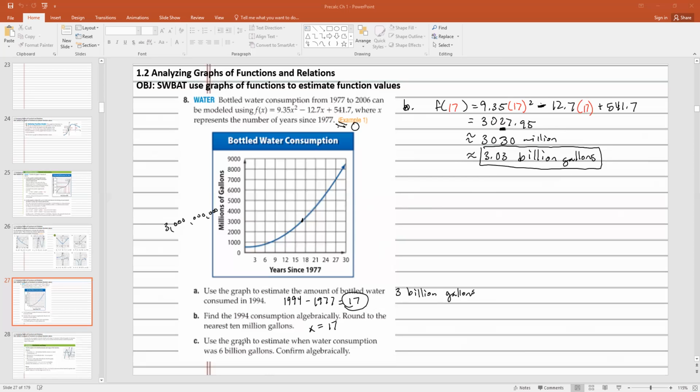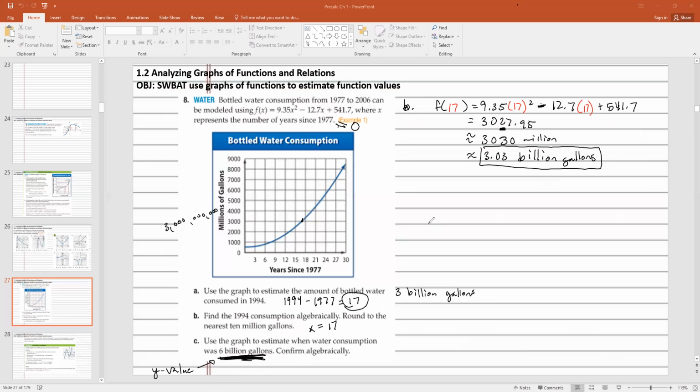And it says use the graph to estimate when water consumption was 6 billion gallons, confirm algebraically. All right, so here we're talking about the 6 billion gallons. So this is not the X, this is the Y value. That's our output.